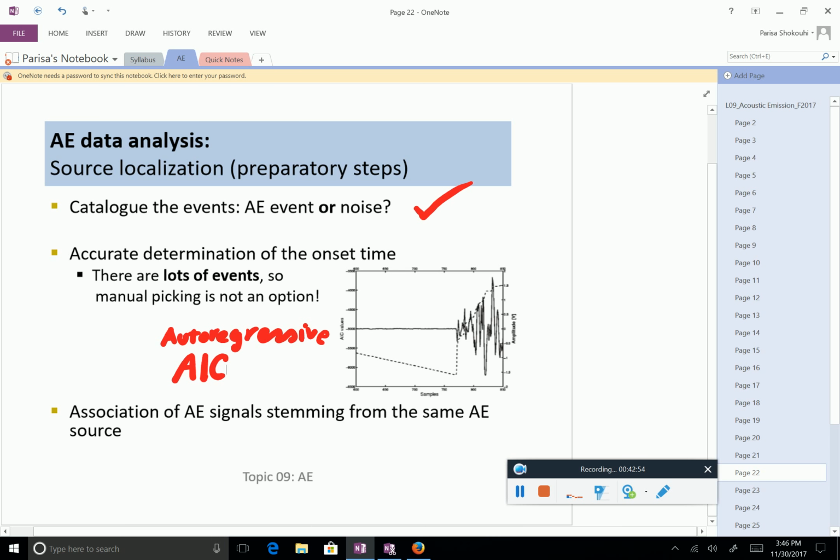So stepping back, I was preparing you for source localization. We need to first identify the event. We need to have a way to automatically know when they start. And also, if you want to know the mechanism, you have to know the phase.